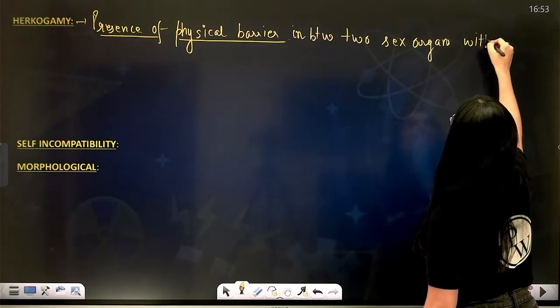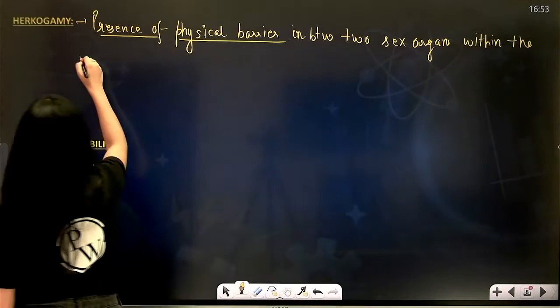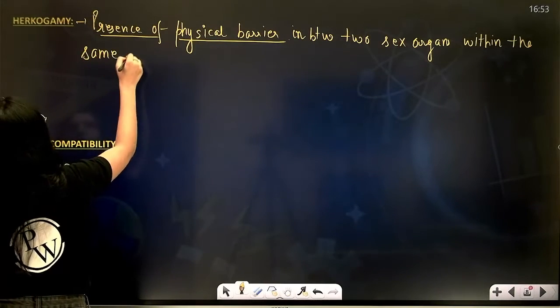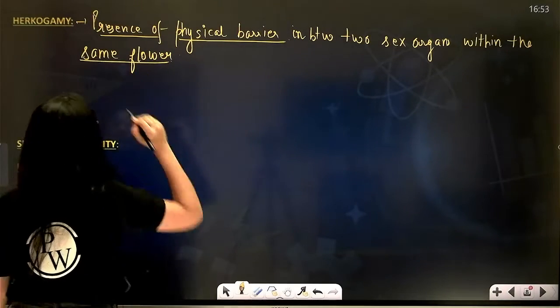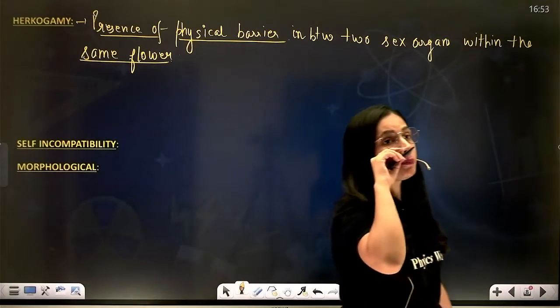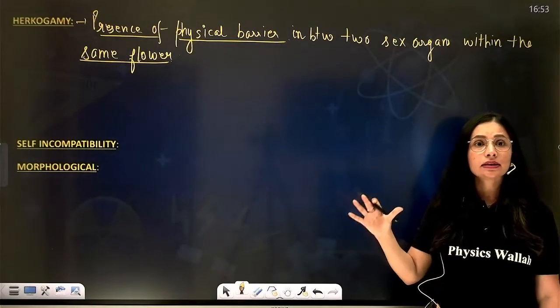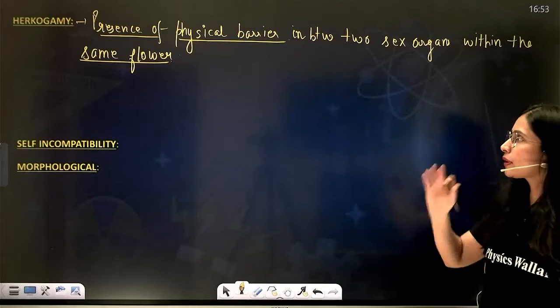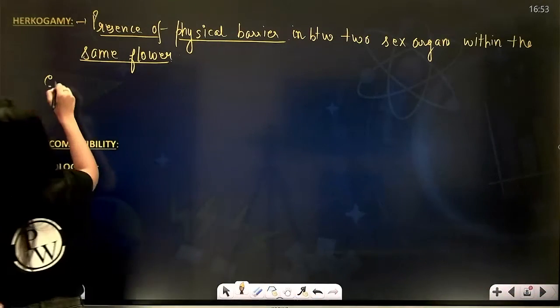So what is hercogamy? Presence of a physical barrier in between the two sex organs within the same flower. Okay, no issues. Like for example, Calotropis.